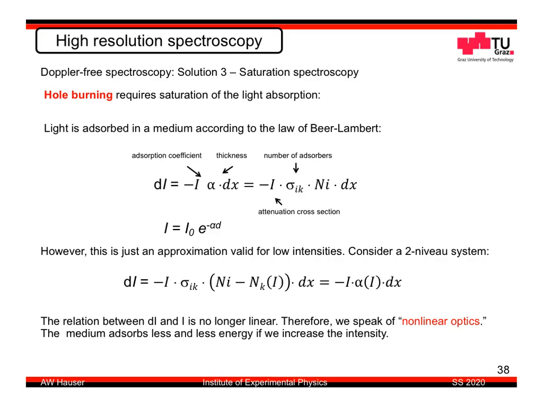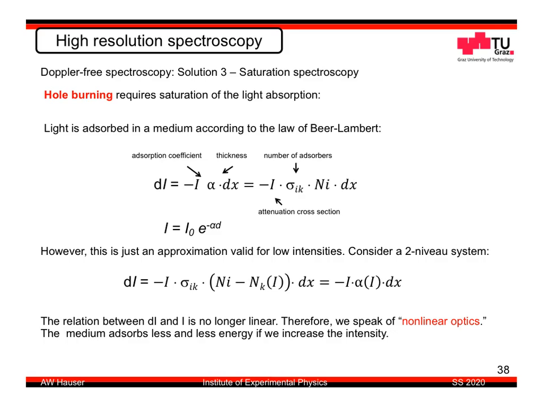We have dI, the change in intensity, dependent on the incoming intensity, times the cross-section. And here now we have Ni, which is changing because we have Ni minus Nk as a function of the intensity. So Nk is the number of occupied excited states at a given intensity.